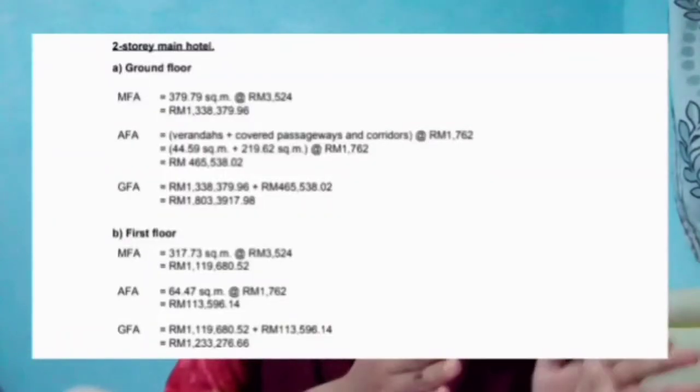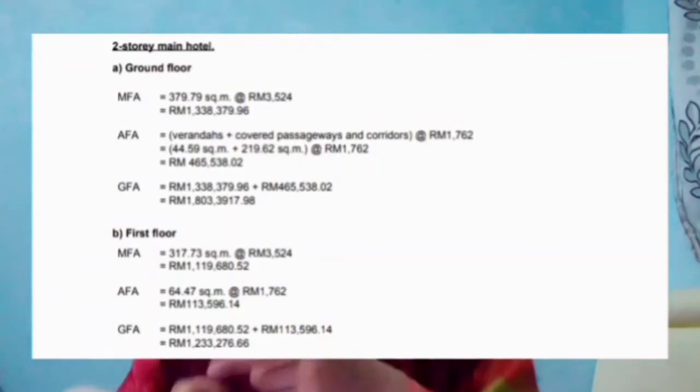After we got the amount, that is the amount for main floor area or MFA. We divided it for each floor into MFA, main floor area, and AFA, ancillary floor area.